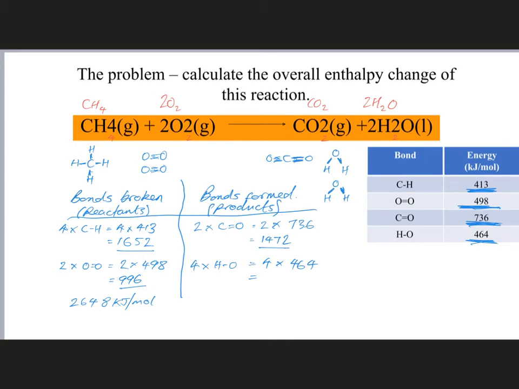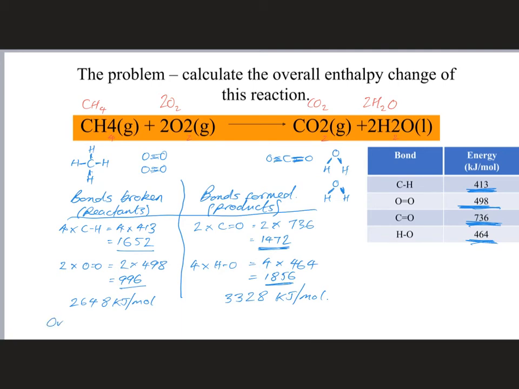So the total there is 1,856 kilojoules per mole. So once again, we add up that and that. So the total amount of energy released is 3,328 kilojoules per mole.